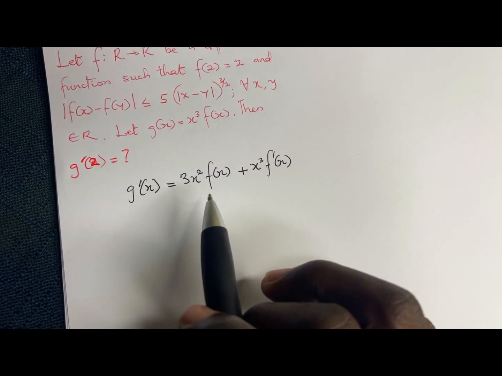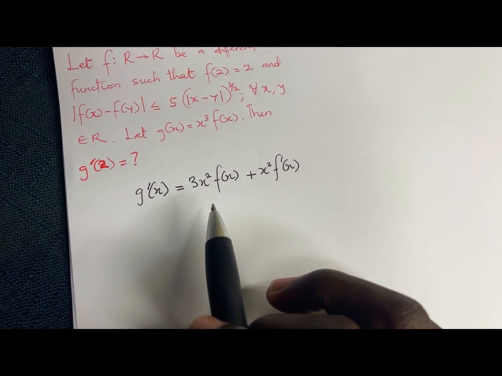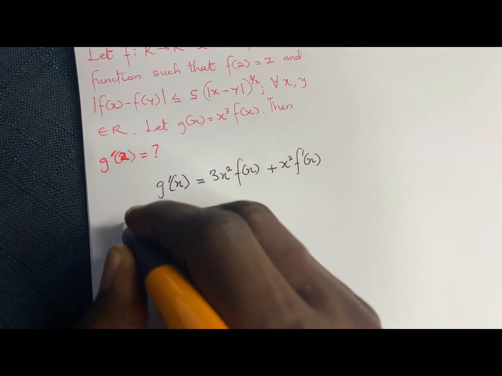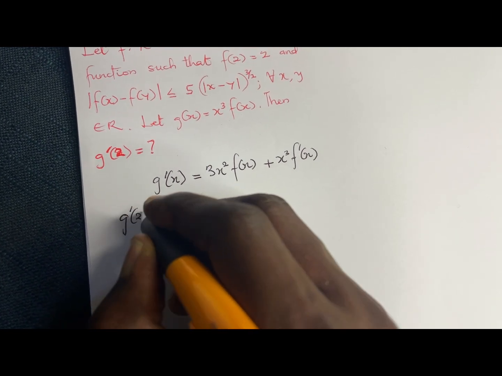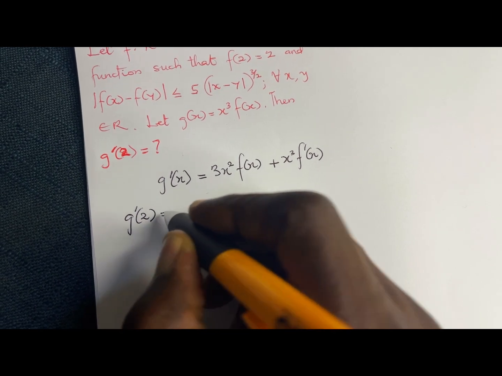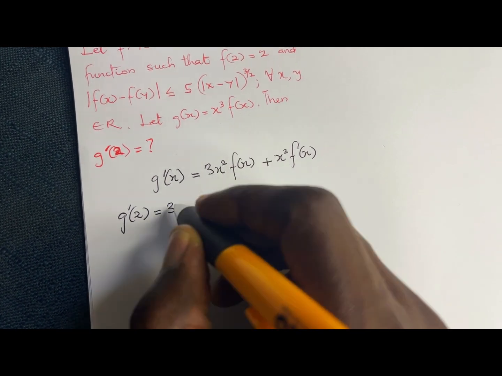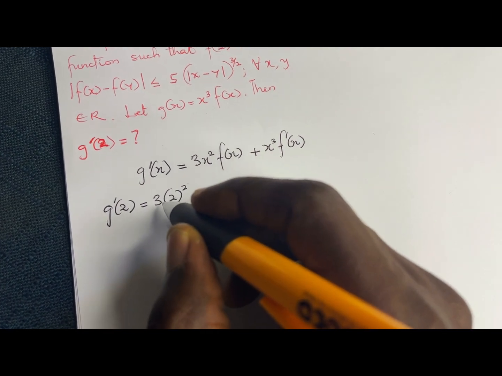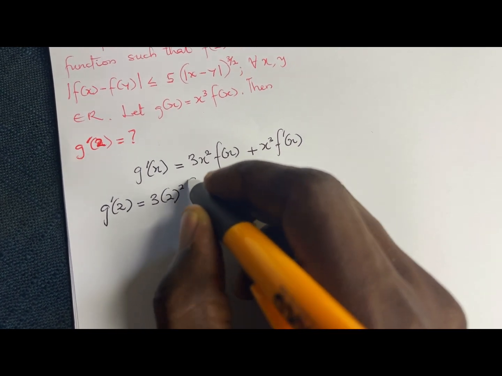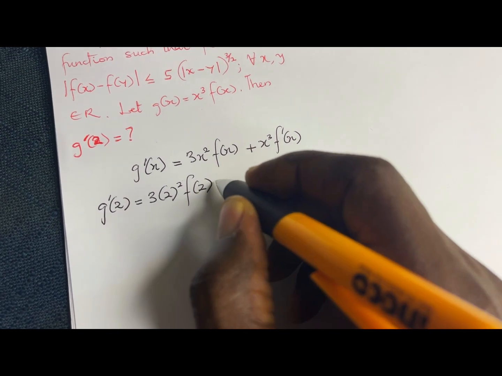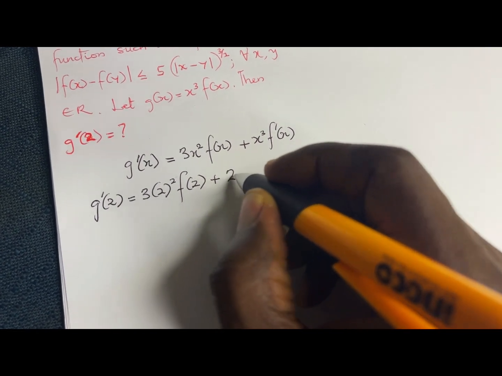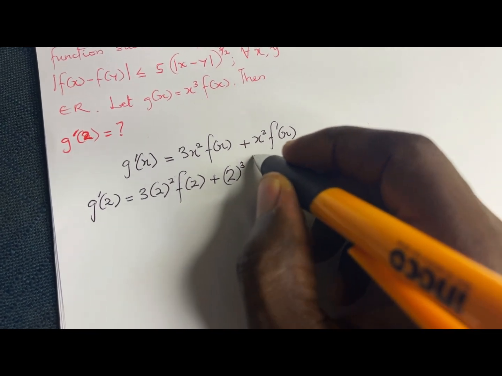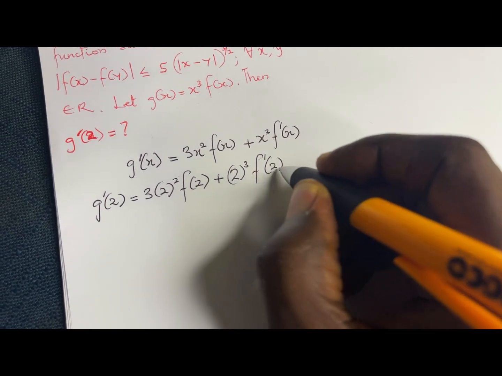All right, the next thing we do is insert the value 2 into it. So g prime of 2 equals 3 times 2 squared times f of 2, plus 2 cubed times f prime of 2.